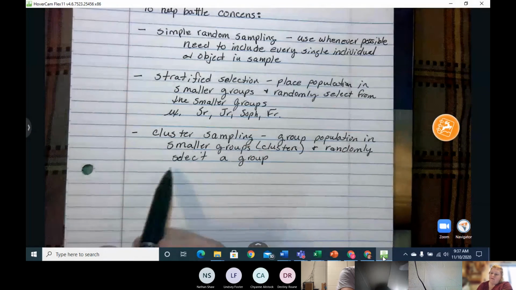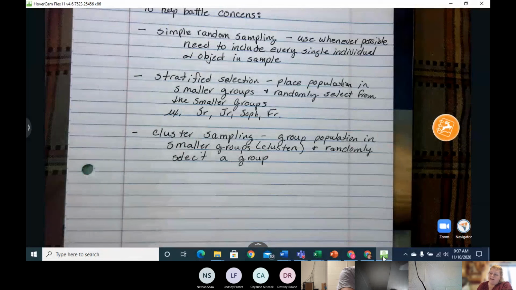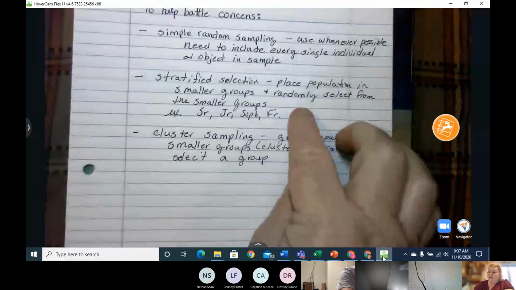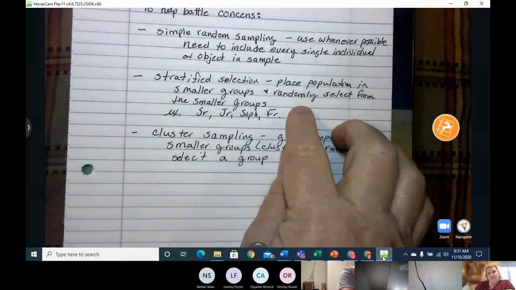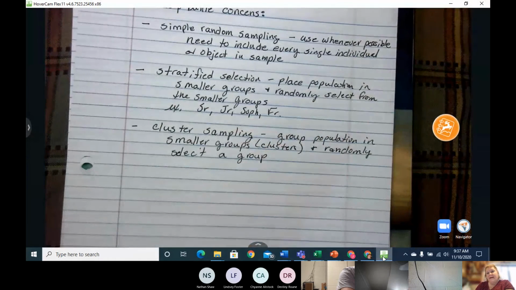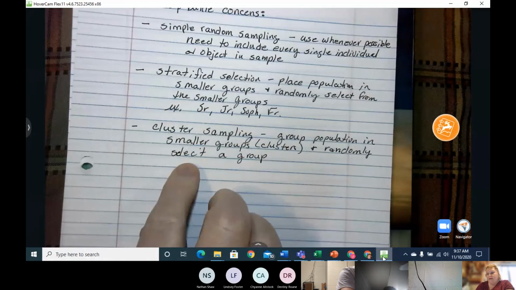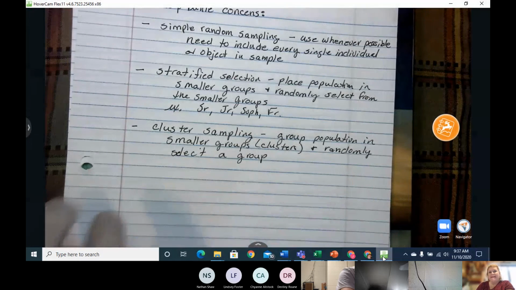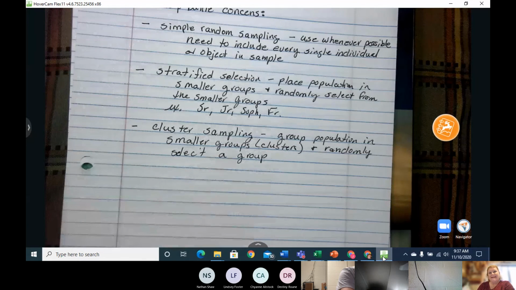Now the difference between stratified and cluster, these two often get confused. In stratified, you select within each group, whereas in cluster, you select a particular group where they're grouped together and you select the entire group.